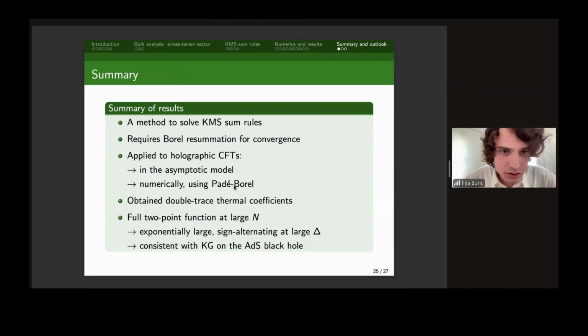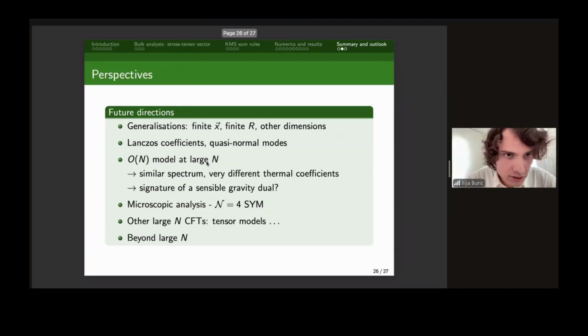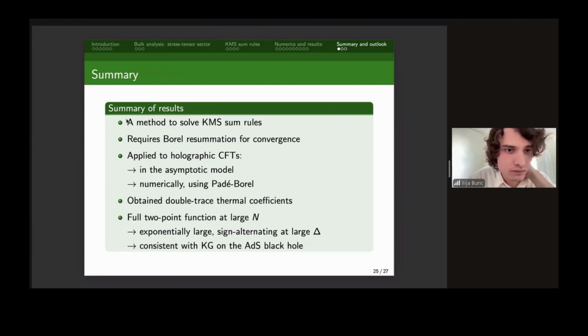Okay, good. So it appears I have quite a bit of time, but still I can conclude. Let me just summarize briefly and then say a few directions that we are thinking about. So we use this method based on KMS sum rules, and there are essentially two main ingredients.